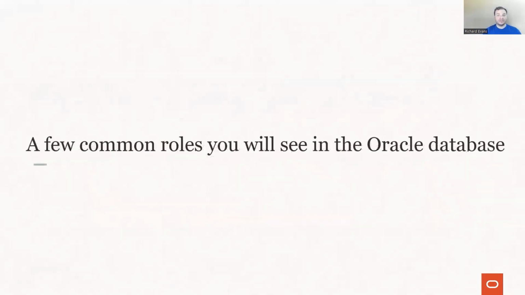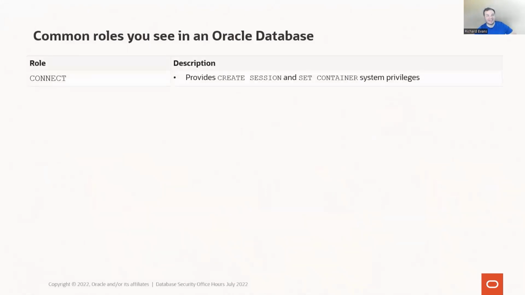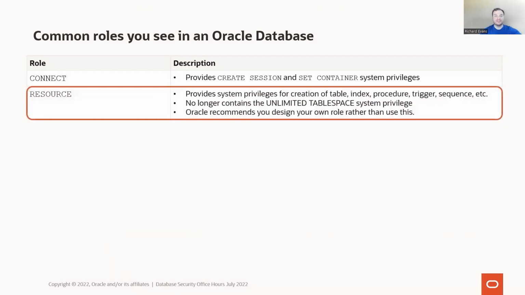A few common roles that you'll see. We've already talked about the connect role. That provides you the create session, set container privileges. Resource, right? Create tables, indexes, procedures, triggers, sequences, etc. It doesn't give you the unlimited tablespace anymore. And again, design your own. How many of your users are creating triggers, procedures, sequences?